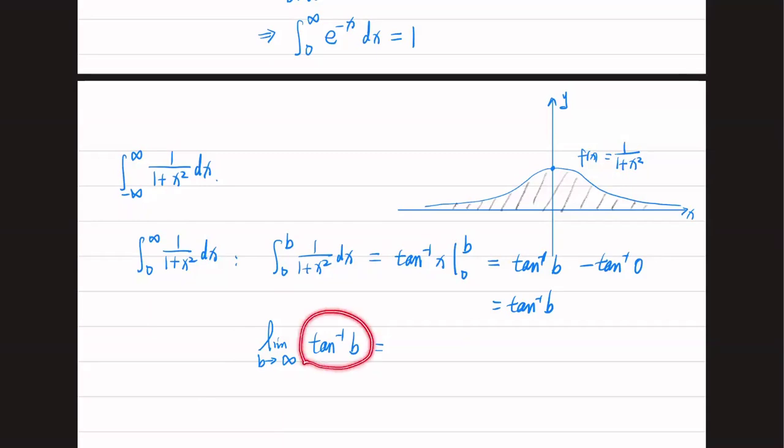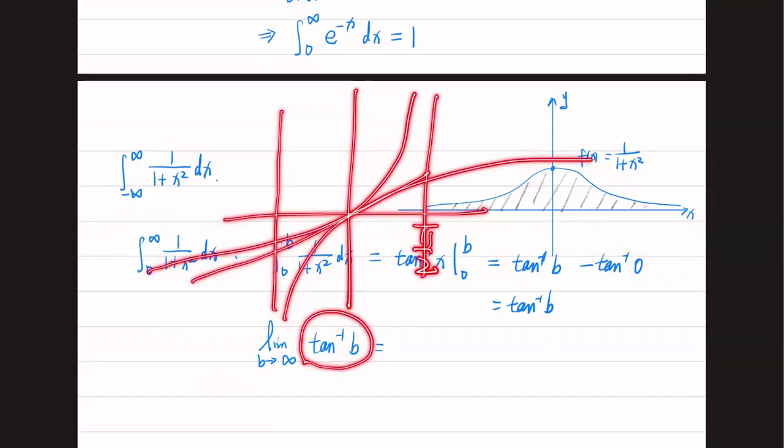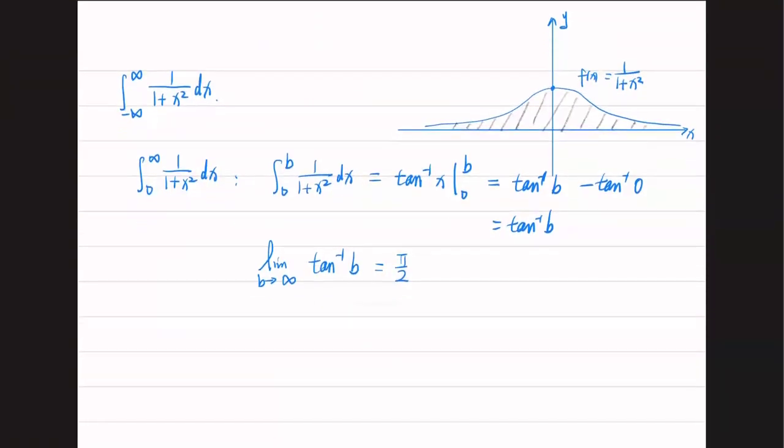So tangent is defined there, pi over 2. Arctangent is the flip of this. It approaches pi over 2 when b goes to infinity. So first we conclude this part is convergent.